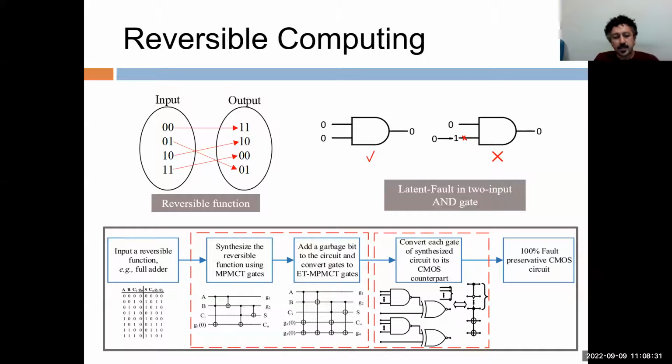And here, this is important. We have not realized reversible circuits, because reversible circuits are two-way circuits. Reversible computing is good for quantum, but not good for CMOS. But we have exploited reversible computing to generate 100% fault detectable CMOS circuits.